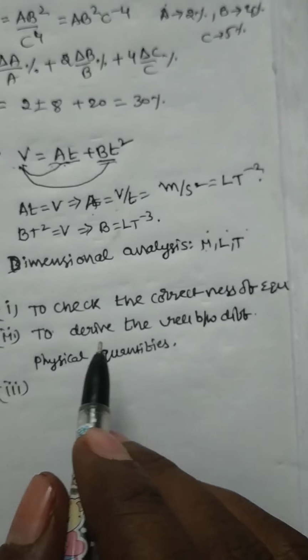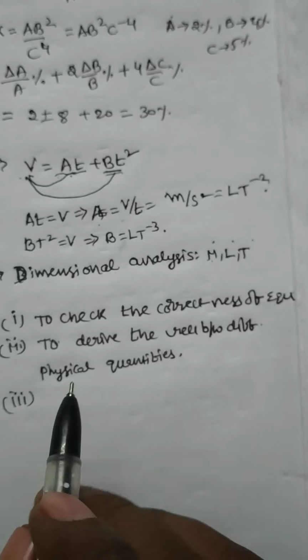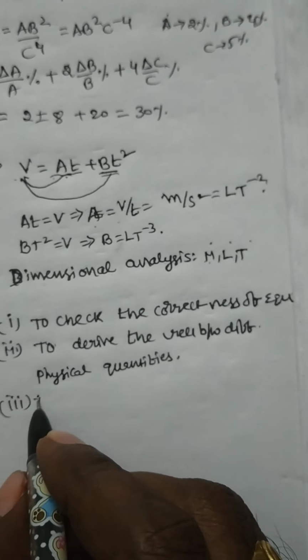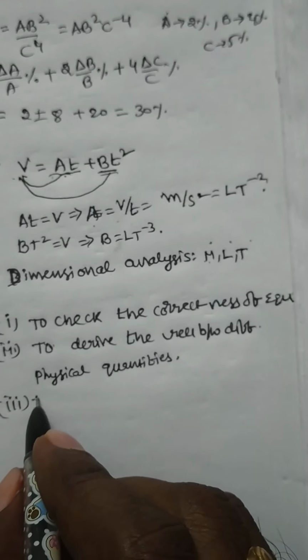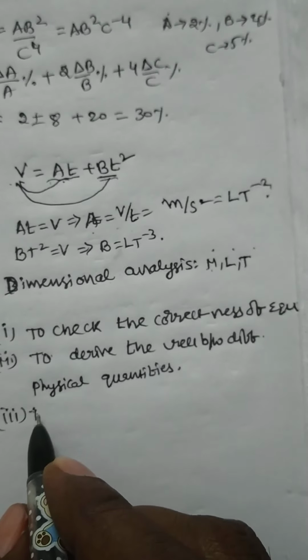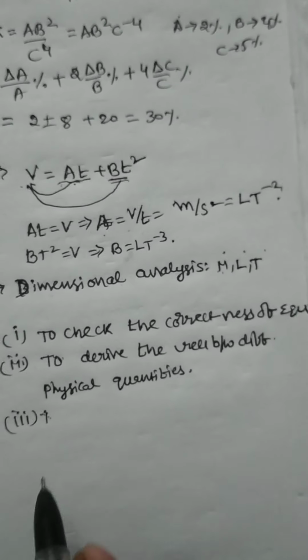Second one, to derive the relation between different physical quantities. Okay, so whether it is dimensionally correct or not. To check the equation, whether it is dimensionally correct or not.